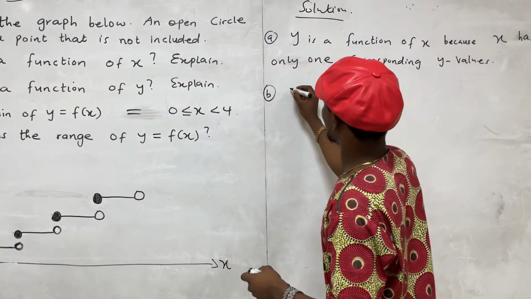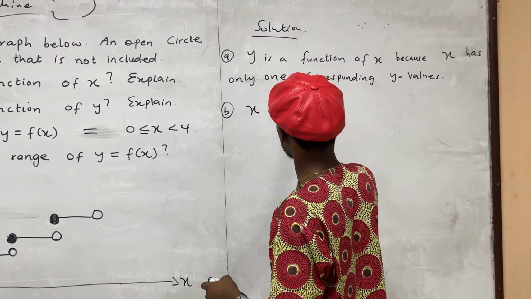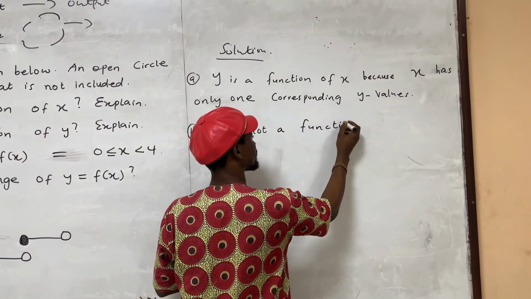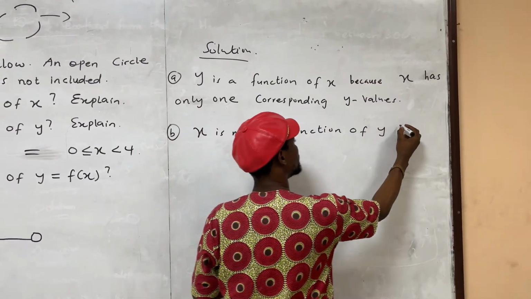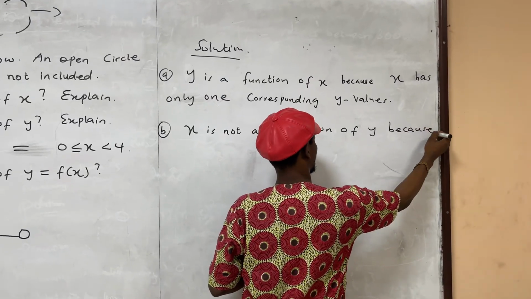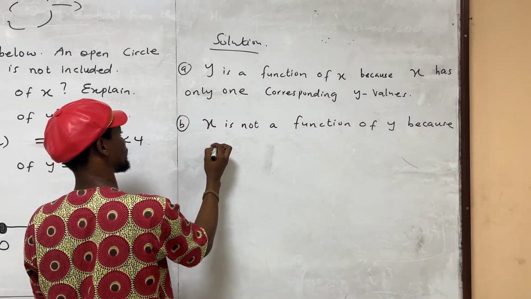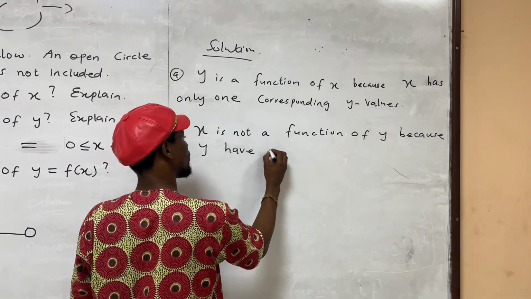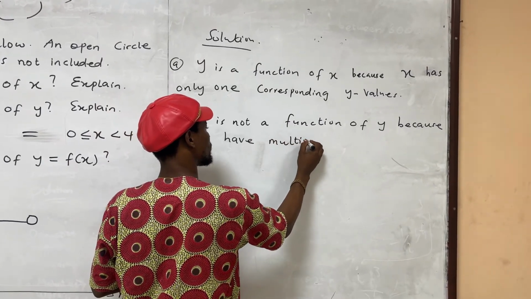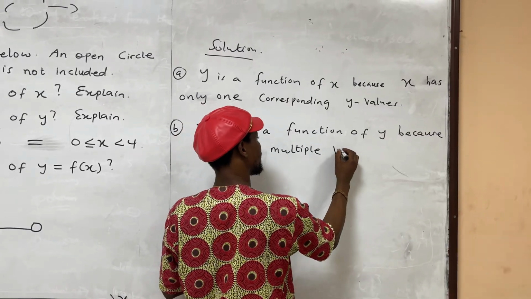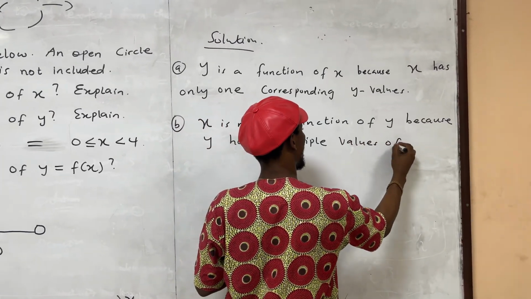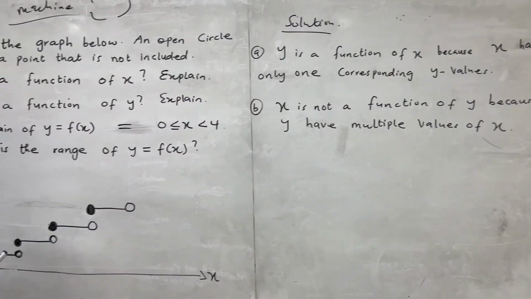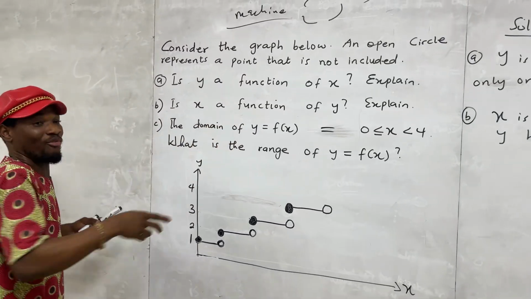So you say x is not a function of y because y has multiple values of x.